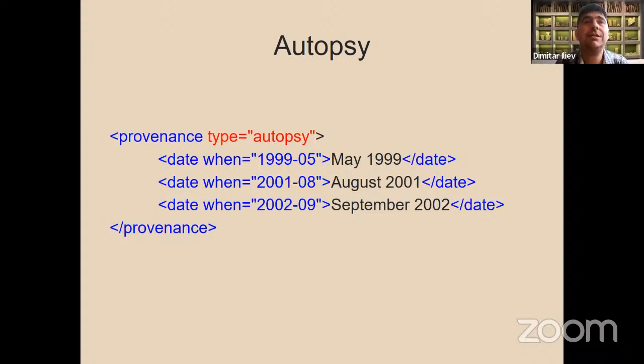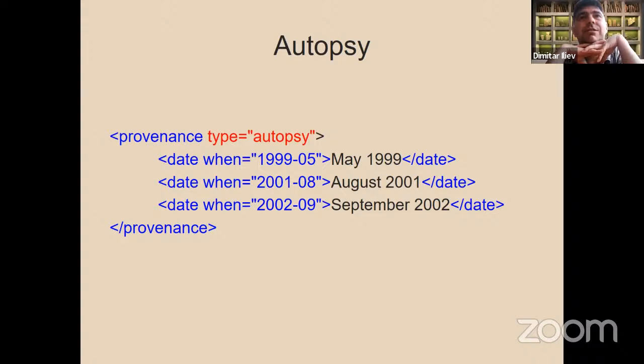Sometimes in cases like this, when you have some sort of, let's say, rescue digitization of cultural heritage that might be lost at some point, you might want to also designate all the occasions where the respective monument was last seen ex autopsia.